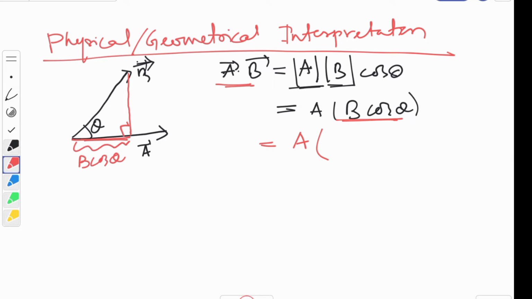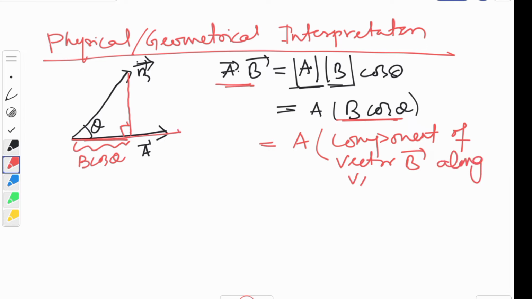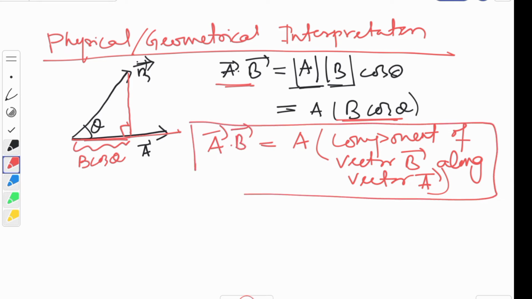B cos theta is the component of vector B along vector A. You know how to find the component; we have already discussed it in our previous lectures. Is it clear, children? This is the physical or geometrical interpretation of your dot product.